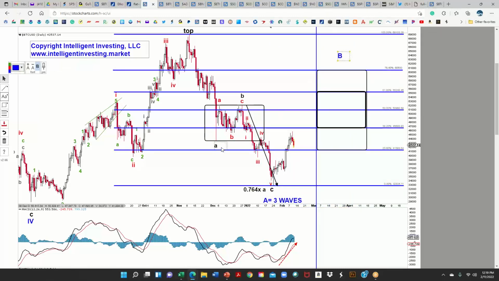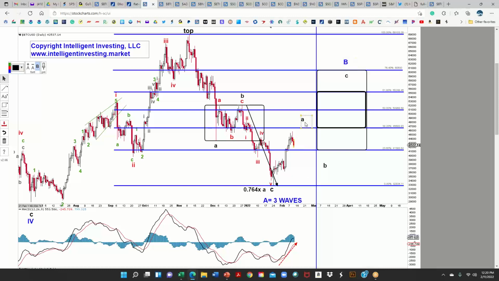Wave B is going to be 3 waves. We always have 3 waves in a B wave. We must have 3 waves. How are these 3 waves going to develop? A, B, and C. And of course, we know the relationships between A and C waves and the relationship of B and A waves. Now the A wave, and since this is of course a correction, the B wave can become a triangle or a flat.